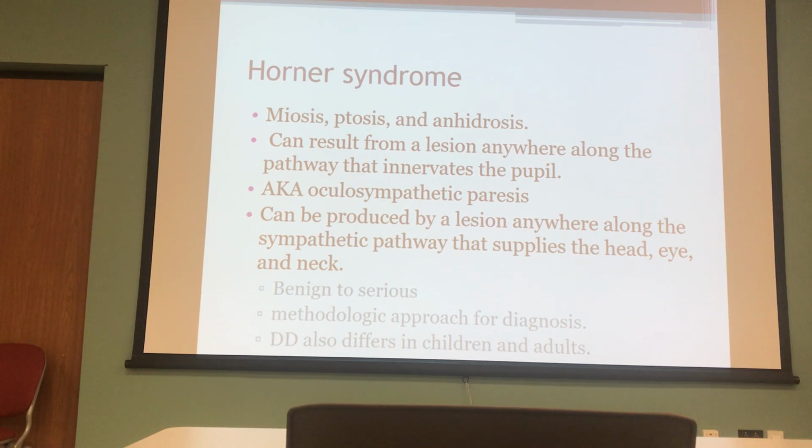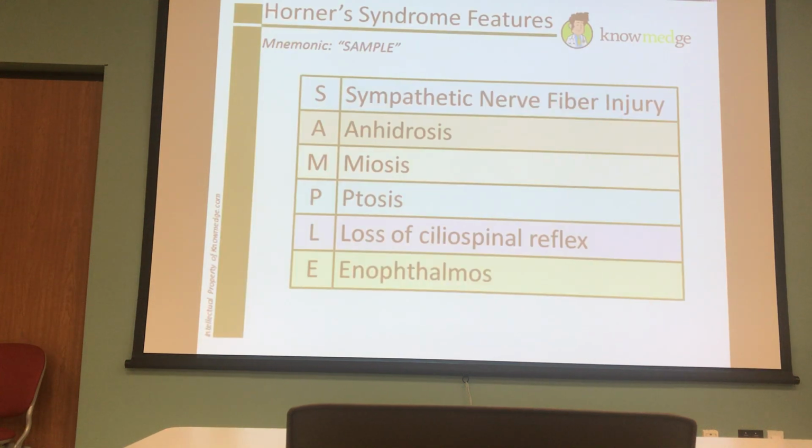It can be very benign, and it can actually be a serious condition due to brain stem function. It can be due to traumatic brain injury. It differs for children or adults, and this is basically a mnemonic to remember Horner syndrome. Again, sympathetic nerve fiber injury, anhidrosis, meiosis, ptosis, loss of ciliospinal reflex.